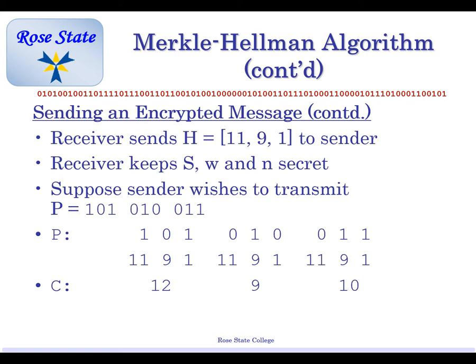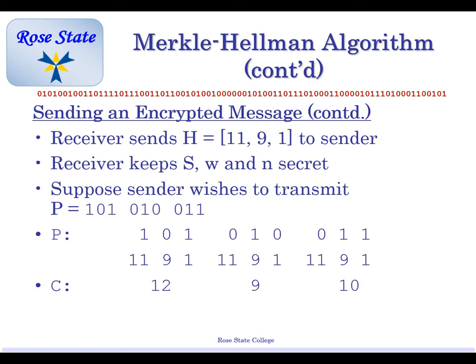So we take the 101, which is the first 3 digits of the plain text. We take our 3 digits from our knapsack, our hard knapsack, 11, 9, and 1. And the way that you do this is 11 times 1 plus 9 times 0 plus 1 times 1 gives us 12. Everybody see that? Then we take the next 3 digits, 0, 1, 0.